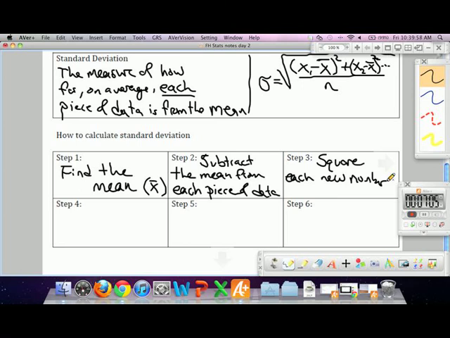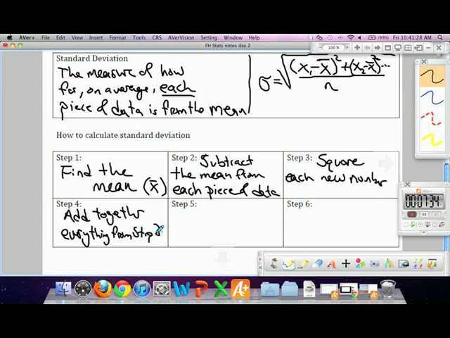Step 4 is now add together everything from step 3.